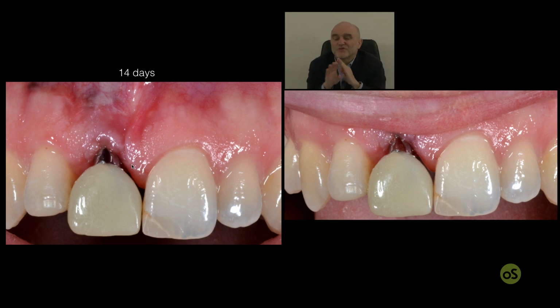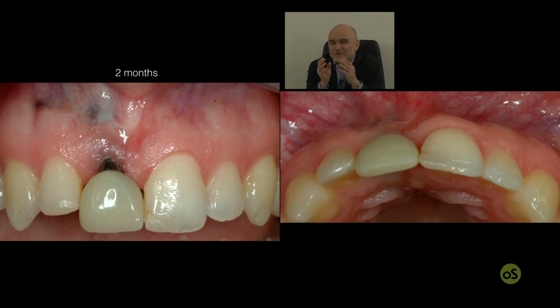So you don't have to do anything before at least 2 months have passed from the time you remove the crown, change the abutment, and put the new surgical abutment with the very, very short implant-supported temporary crown. 2 months later, it's a completely different story.